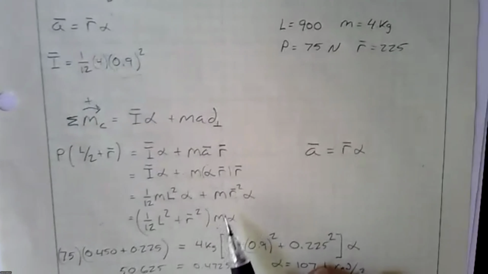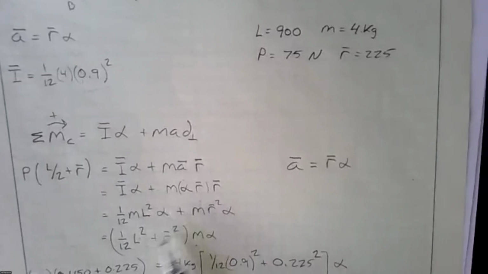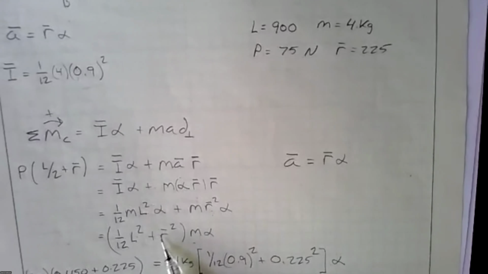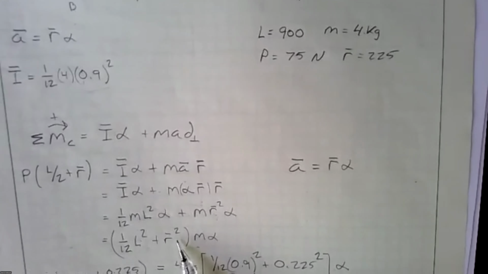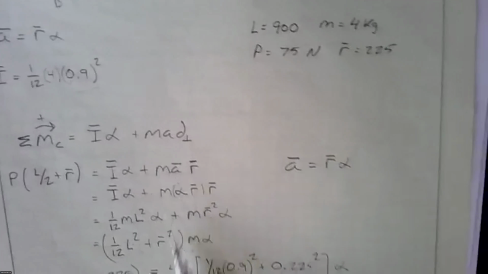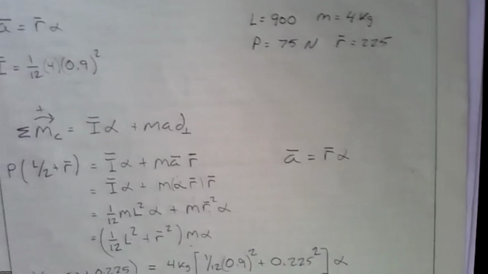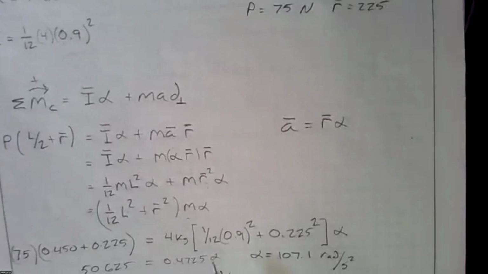In this example, I left things in symbolic form, and down here is essentially just an algebraic consolidation of what we saw up here. If you like it better to use all numbers, by all means, but this helps see where it came from.